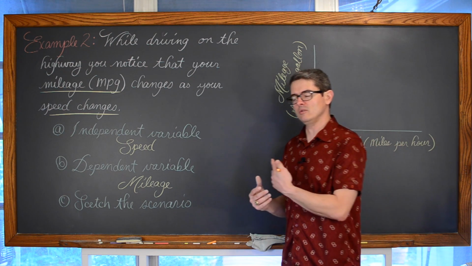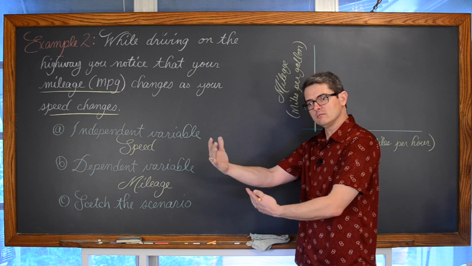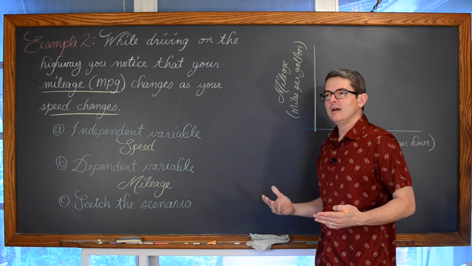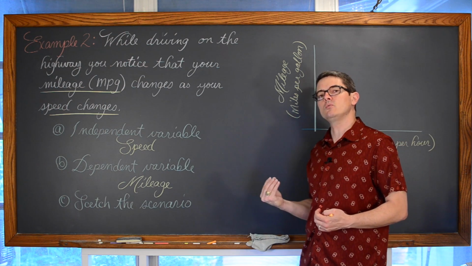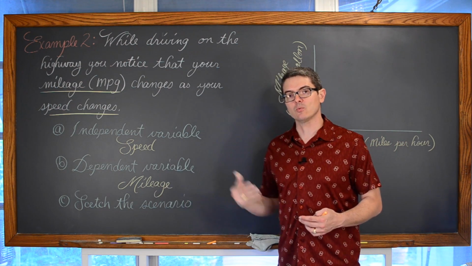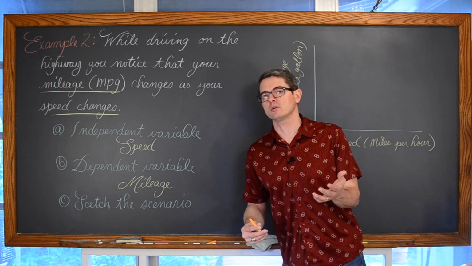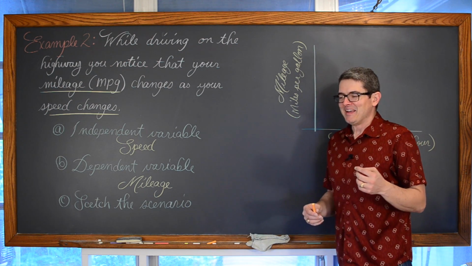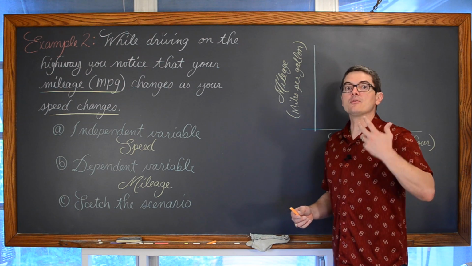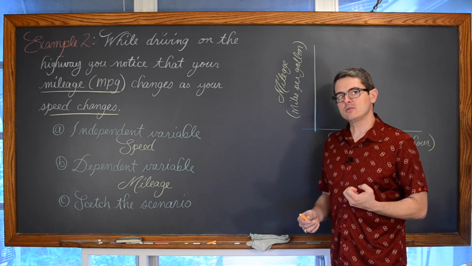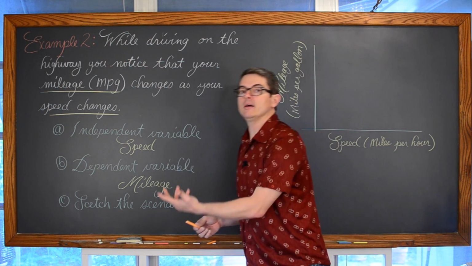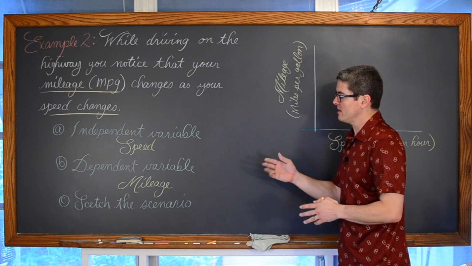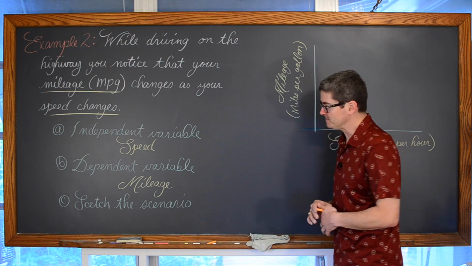Well, as you go faster, you have all that wind hitting you in the face and your chest and everything else, and it's trying to slow you down, so it takes more energy to ride your bike faster. Well, the same thing is true in a car, or maybe you're old enough to drive. That wind resistance, among other things, is trying to slow the car down, thus taking more energy to push it into and through that wind. So the mileage is, of course, the dependent variable.